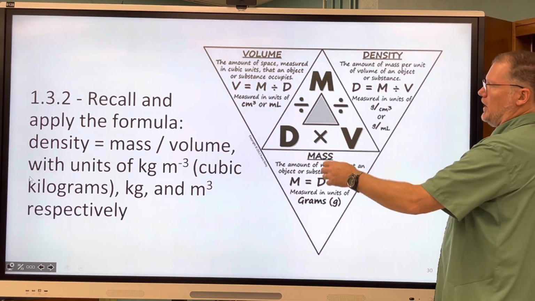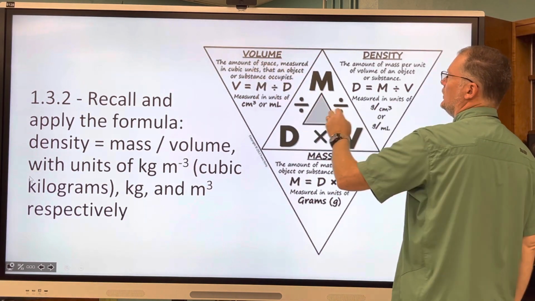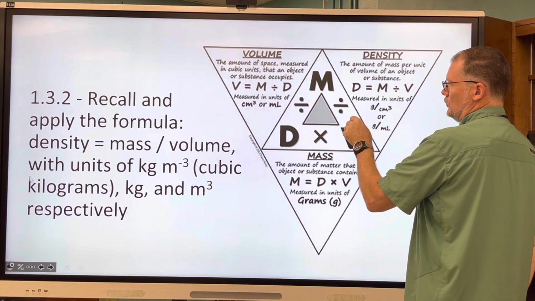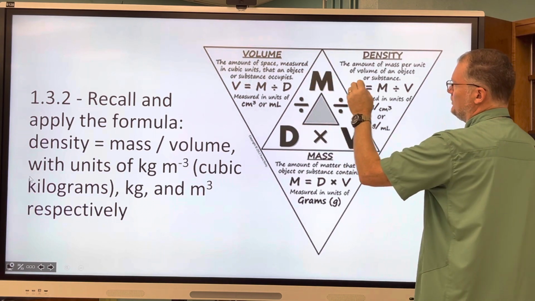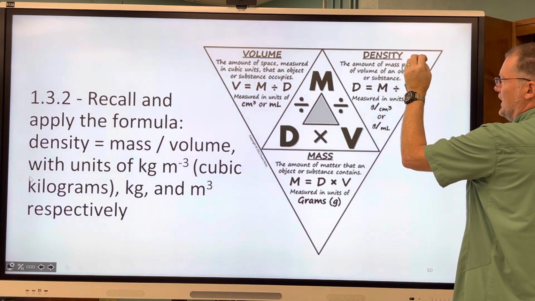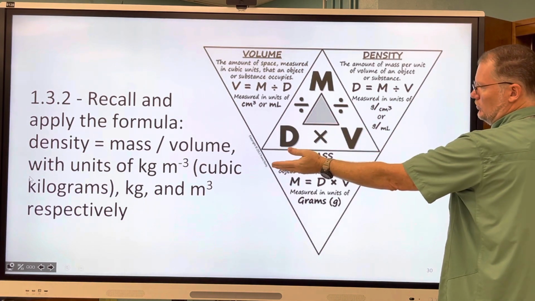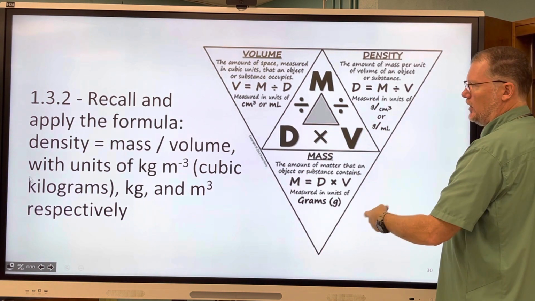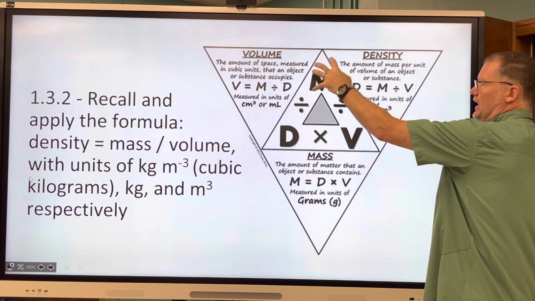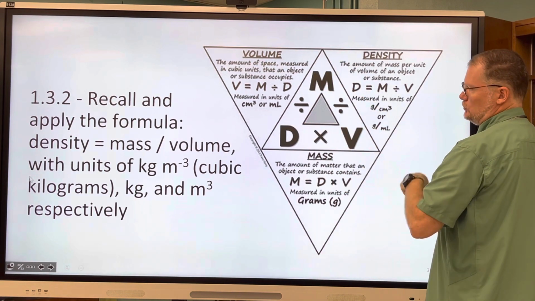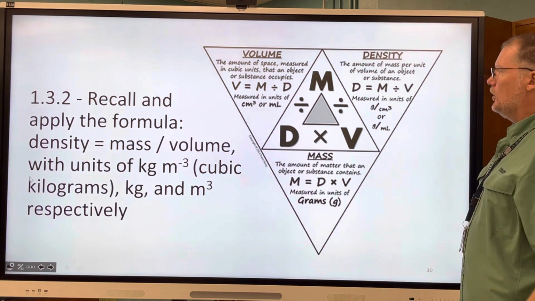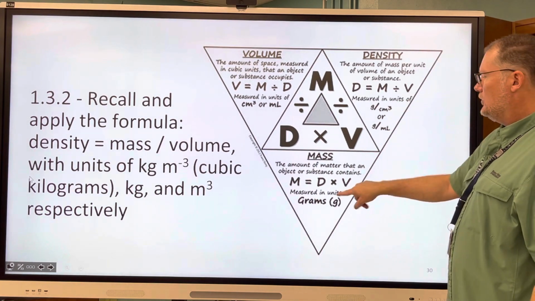So if you are trying to determine the volume, the V, and you're missing the V but you have the M and the D, you're trying to determine the density, which is density equals mass divided by volume. Or if you're missing the M and you have the D and the V, this is what you do to determine the M, okay?